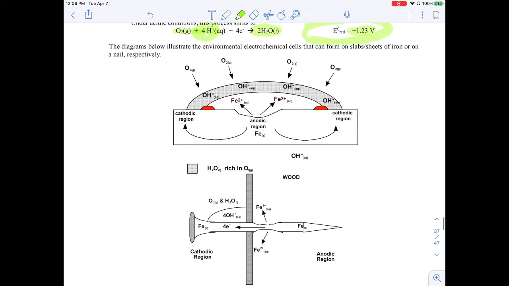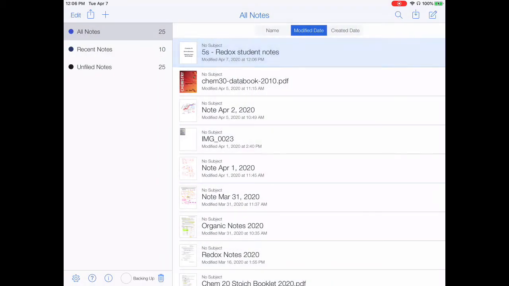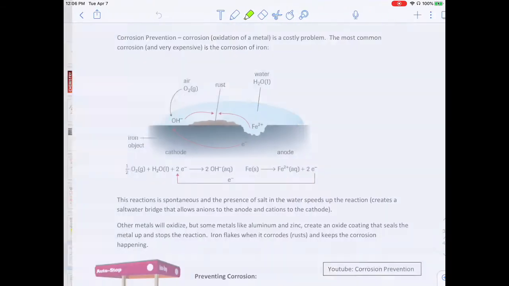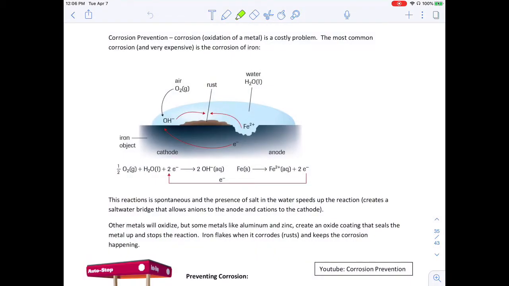So here's a diagram where you've got hydroxide ions and oxygen reacting with the iron, and the iron becomes iron 2. That diagram is similar to one that's in my notes or from the textbook, where you can see that they've got a puddle of water, and the puddle of water on the iron is reacting.